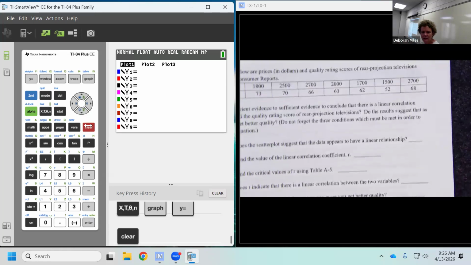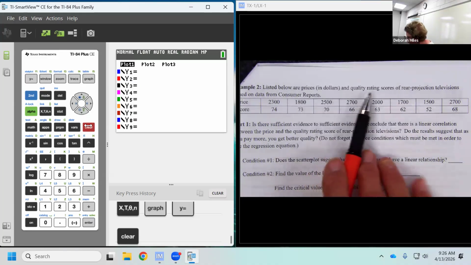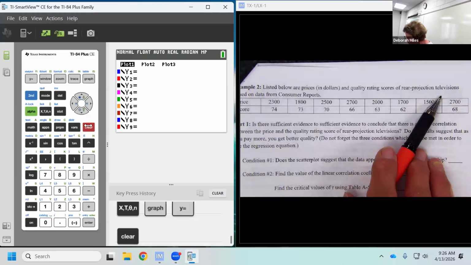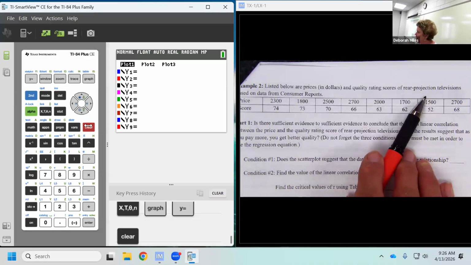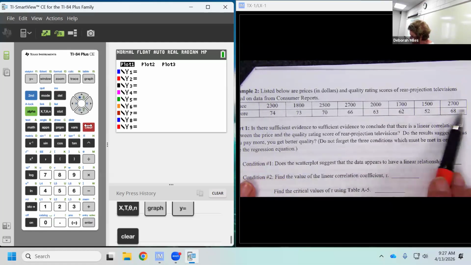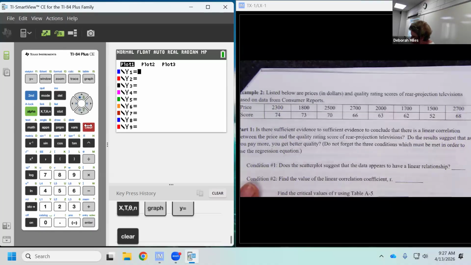The next one is the price in dollars and quality rating scores of rear projection televisions. I don't even know what a rear projection television is, but this is data from Consumer Reports, the price of these televisions and their quality score. Now, would you expect there to be a linear relationship?